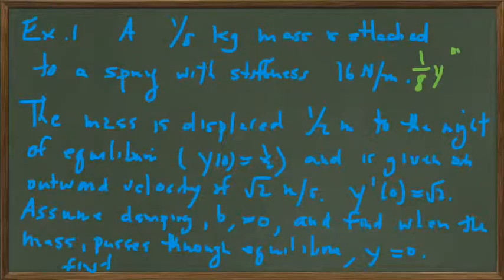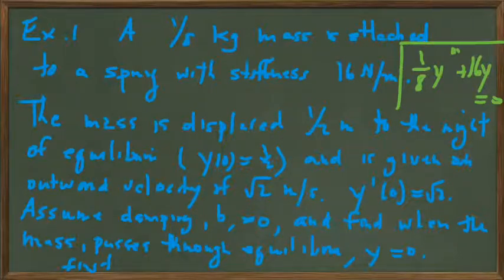So in this problem we have a 1/8 kilogram mass, that would be 1/8 y double prime, and it is attached to a spring of stiffness 16, so that would be plus 16y equals 0. So that is our initial differential equation. There is no damping force, so there is no y prime term.